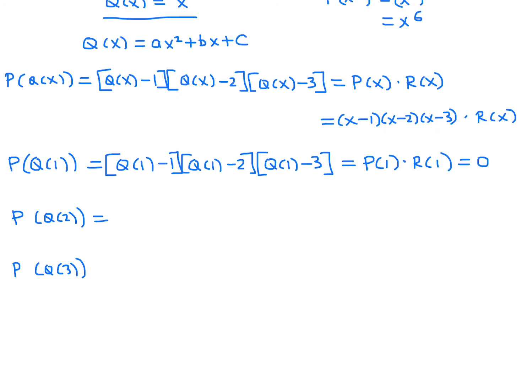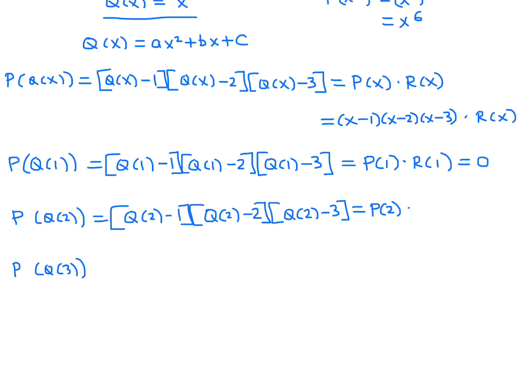In a very similar way, let's do the next one. (Q(2) - 1)(Q(2) - 2)(Q(2) - 3) is equal to P(2) times R(2). And again, since you have x minus 2 and we set x equal to 2, this becomes 0.